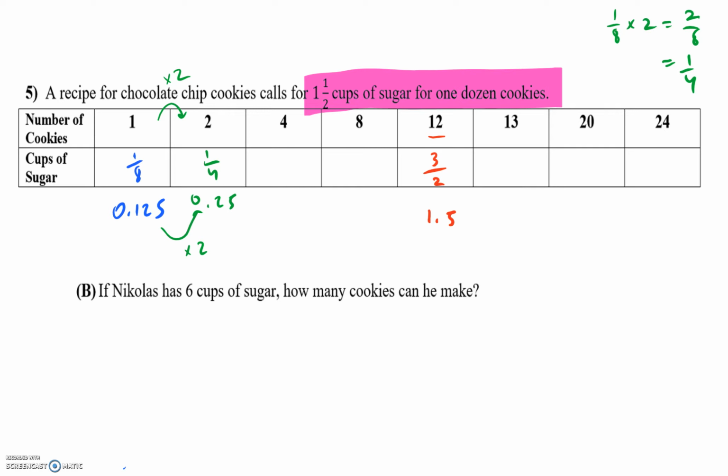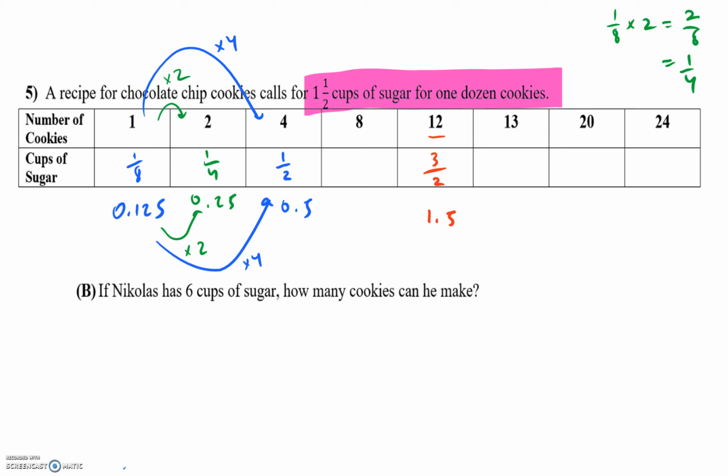So go from 1 to 4, 1 times 4 gives me 4. This one's going to be 1/8 times 4. That gives me 4 over 8, or 1 over 2. 0.125 times 4, that is 0.5.